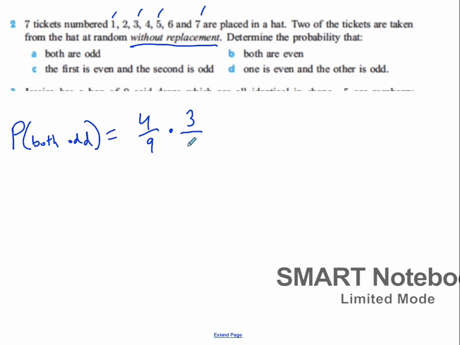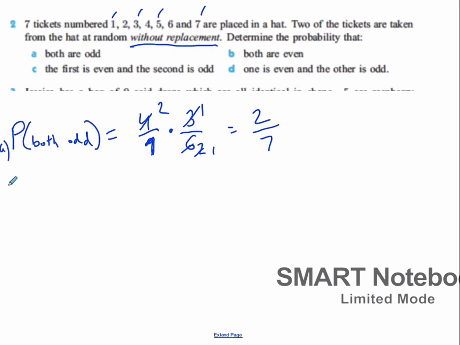The total is 7, of course, but after a first draw, the total is now going to be 6. So we can change 3/6 to a half, and that becomes 2 and 1, so it's actually 2/7, or about 28.6%.